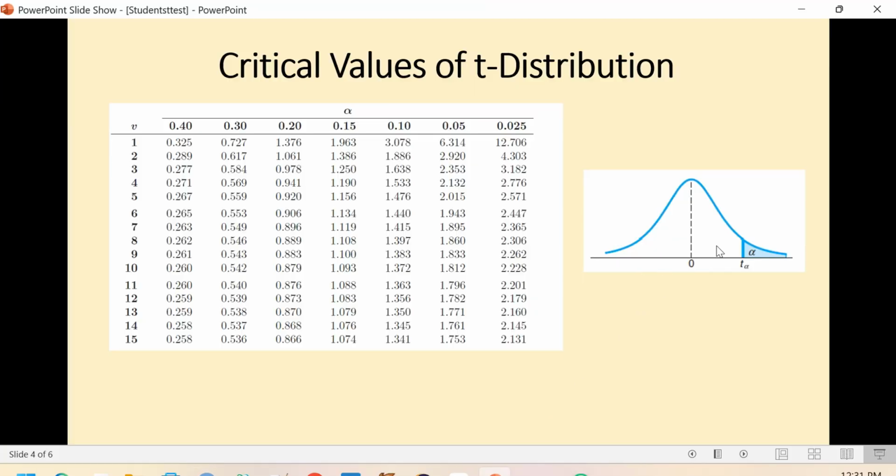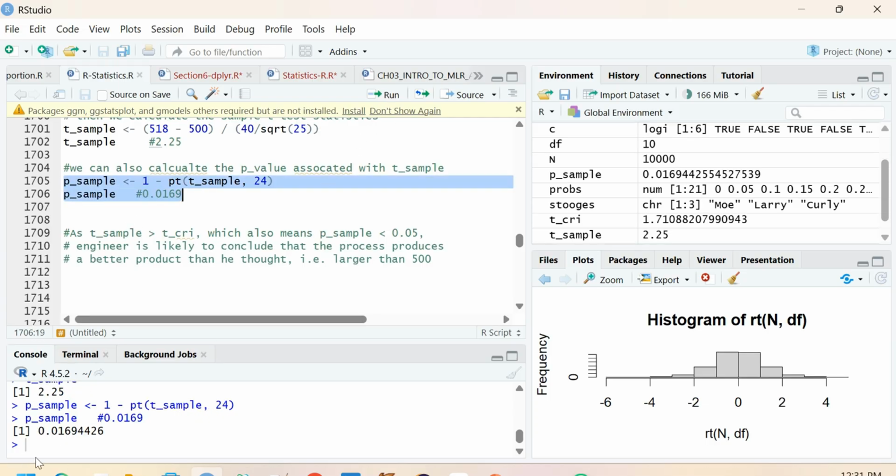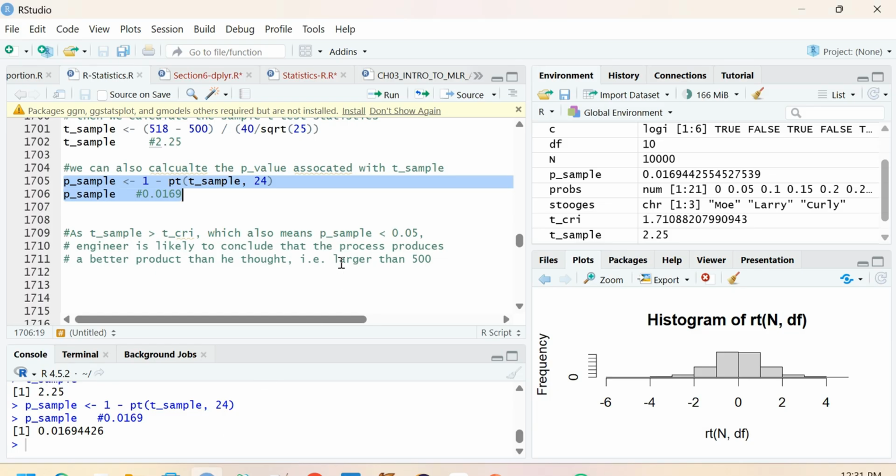So we use 1 minus this white area, which returns the p-value, right? The p-value is about 0.169. So this is also significantly smaller than alpha level. Alpha is 0.05. So we can also reject this null hypothesis that the population mean value is 500.